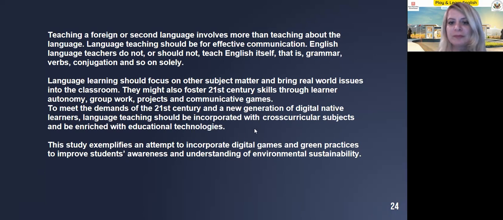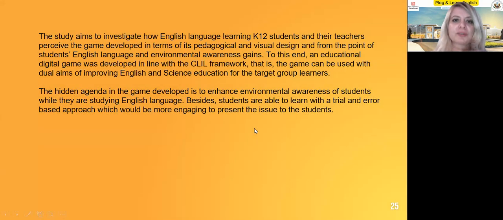So what we did was, the study aims to investigate how English language learning K-12 students and their teachers perceive the game developed in terms of its pedagogical and visual design, and from the point of view of students about English language and environmental awareness gains.